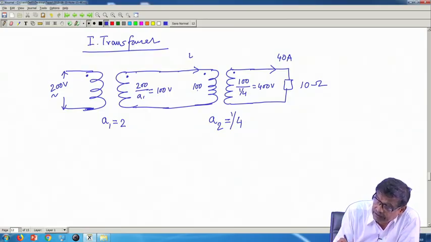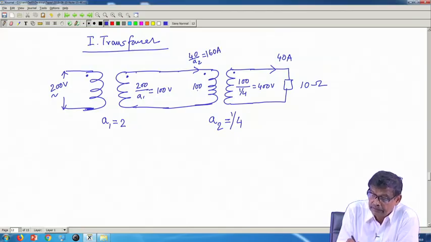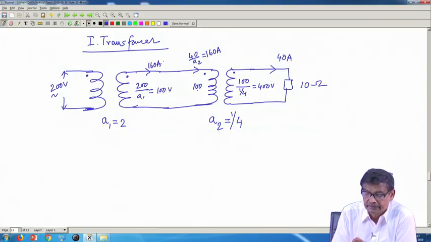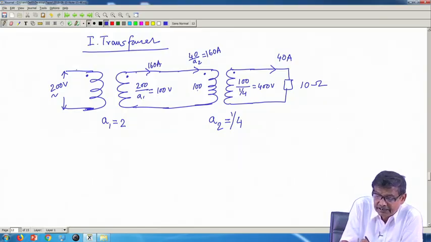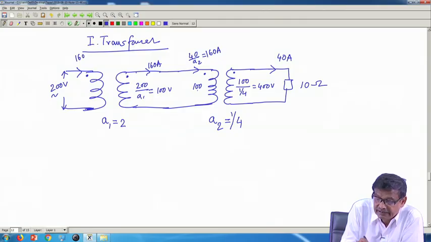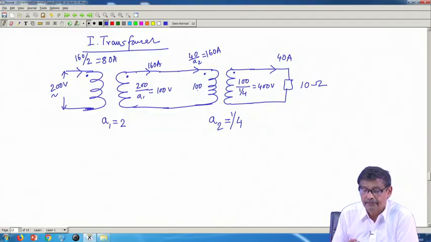So, this current will be 40 by A2, which means 160. It will be 160 ampere. If it is 160 ampere, what will be this secondary current? It will be 160 by A1, that is 2, which is equal to 80 ampere. Got the point?